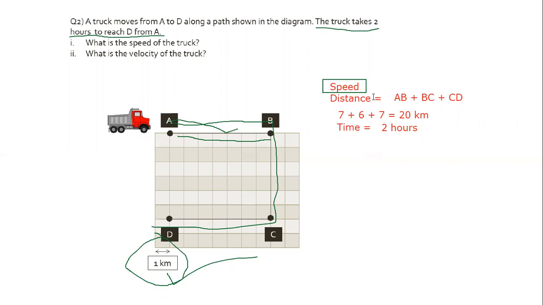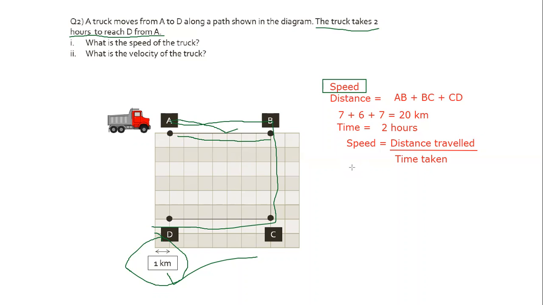Okay, so we found out distance and we found out time. Now we will apply the formula. What is the formula? Speed is equal to distance divided by time. This is nothing but the formula. So we will use the formula of speed.